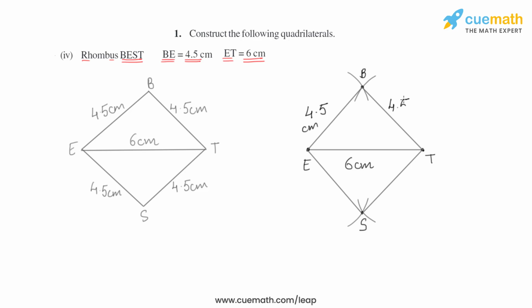This is also 4.5 centimeters. This will also be 4.5 centimeters and ES will also be 4.5 centimeters. So this is all the four parts, and so this rhombus BEST is the required rhombus.